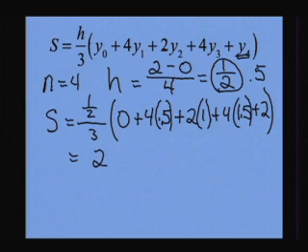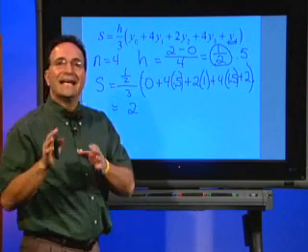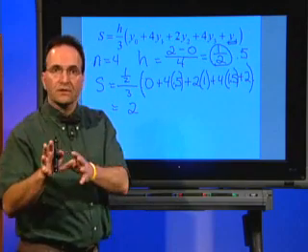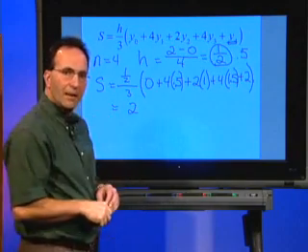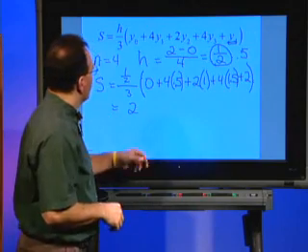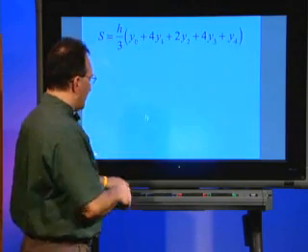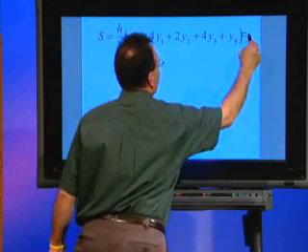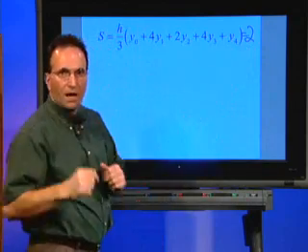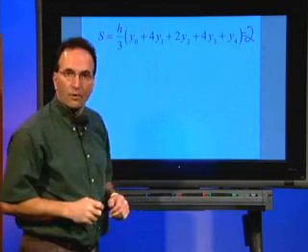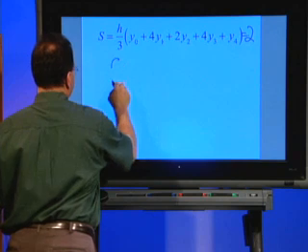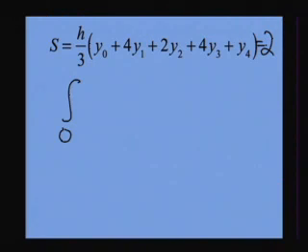And I'm going to now look at what happens when we evaluate it exactly. In other words, evaluate the integral exactly, and let's see what we come up with. So let me write my answer of 2 up there, because that's what we got when we did it using Simpson's rule. So now let's integrate from 0 to 2 of x dx.